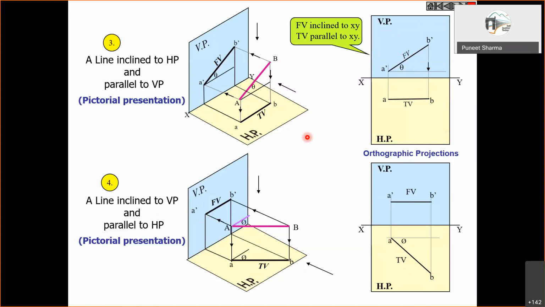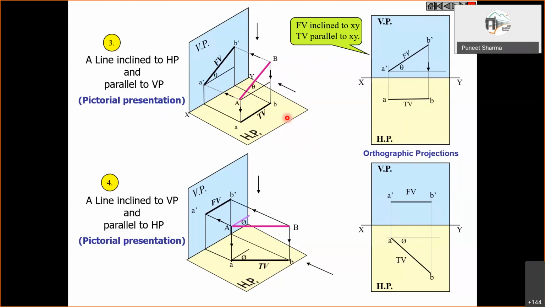Also, further we had discussed that suppose I keep in this figure this capital A fixed at its location and I also keep this theta constant and then I try to move this B, then how will this motion look in the front view and top view if we try to visualize that?